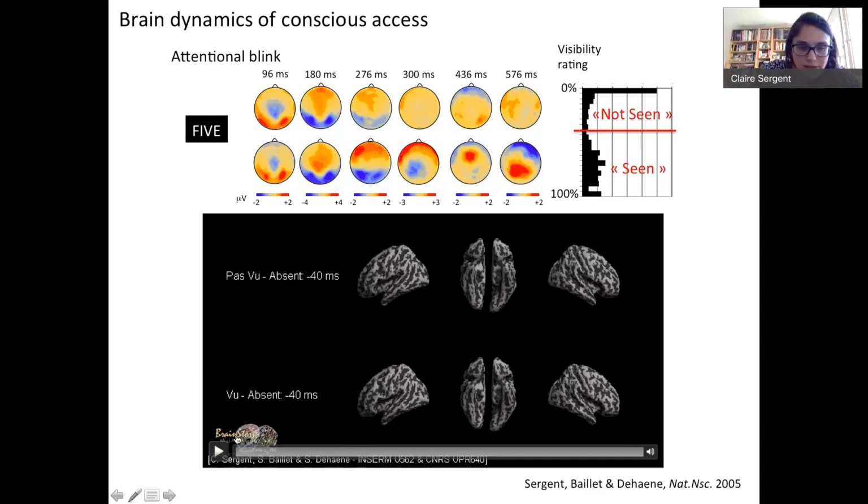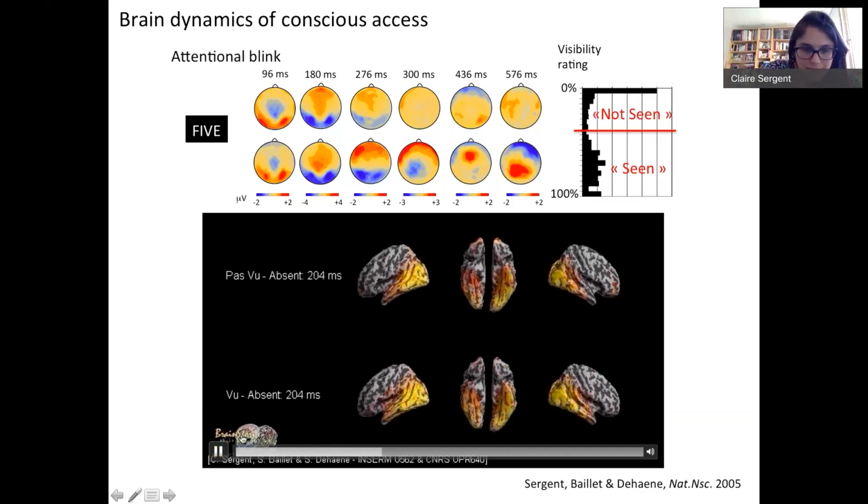And this is a little timer relative to the presentation of the stimulus. We'll see that initially we have strong occipital activations in response to the visual stimulus. It's as strong when people have seen as when they have not seen. It progresses to the temporal cortices. That's really what we expect.